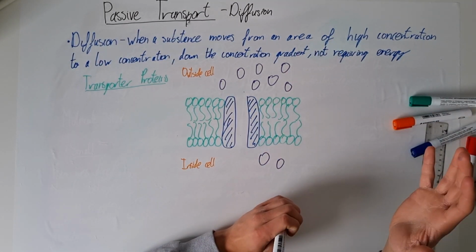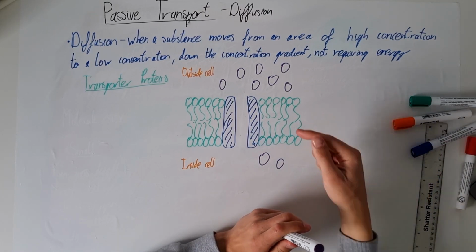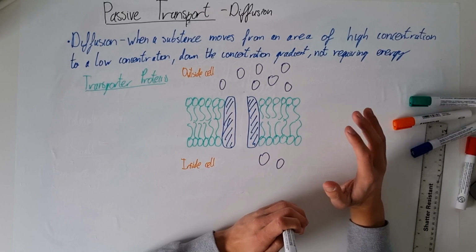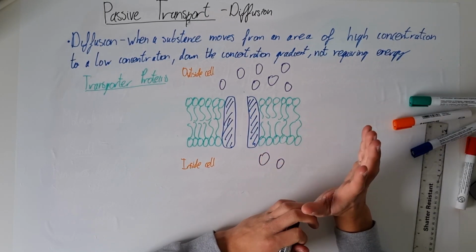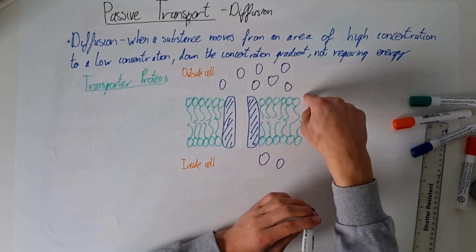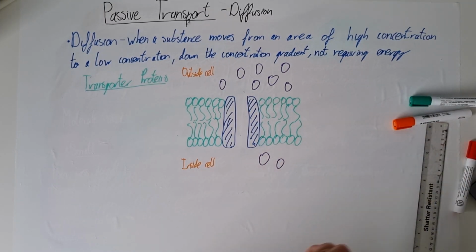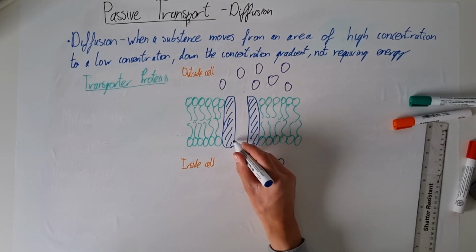So as I said, molecules that are small enough can diffuse directly through the phospholipid bilayer. But what happens for molecules that aren't so large that they can't diffuse at all, but are too large to diffuse through the bilayer? Well, that's where these things called transporter proteins come in, which are here in blue.